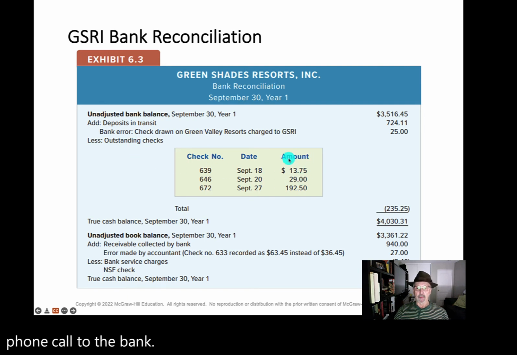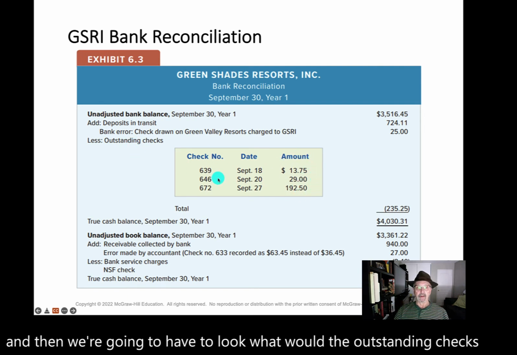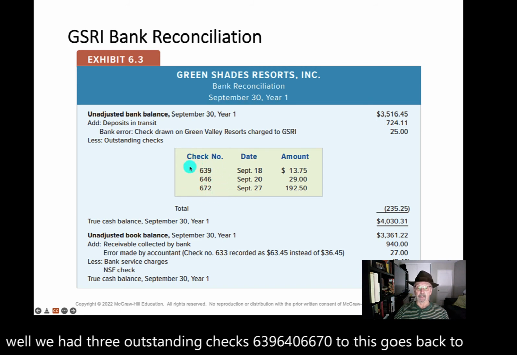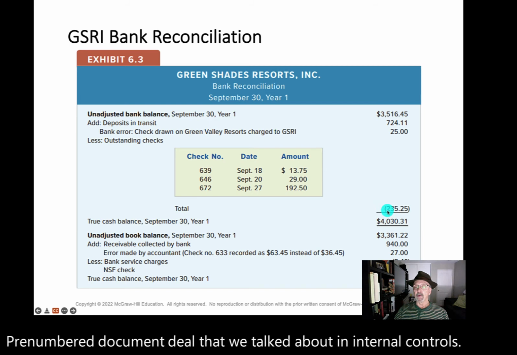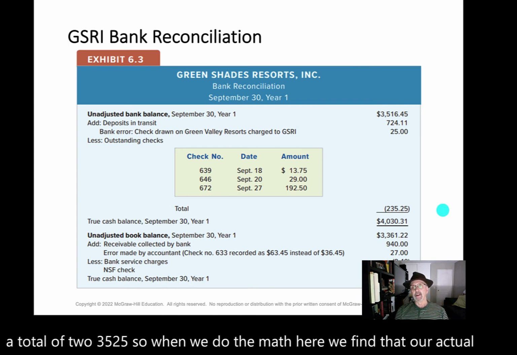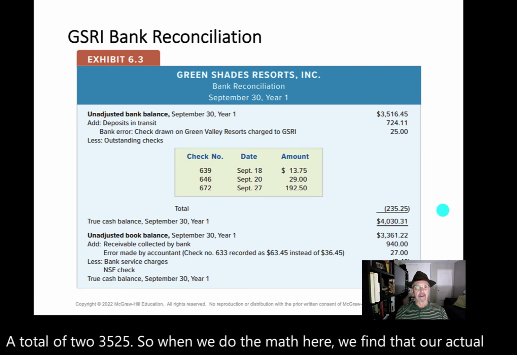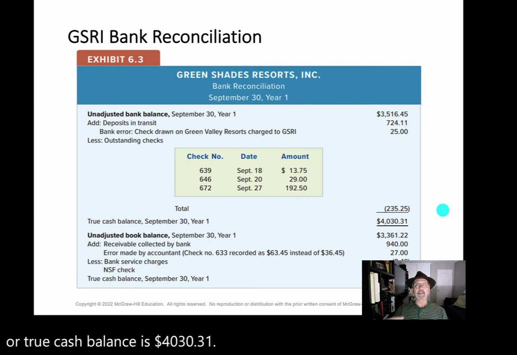Well, we had 3 outstanding checks: 639, 646, 672. This goes back to that pre-numbered documents deal that we talked about in internal controls. Total of $235.25. So when we do the math here, we find that our actual or true cash balance is $4,030.31.